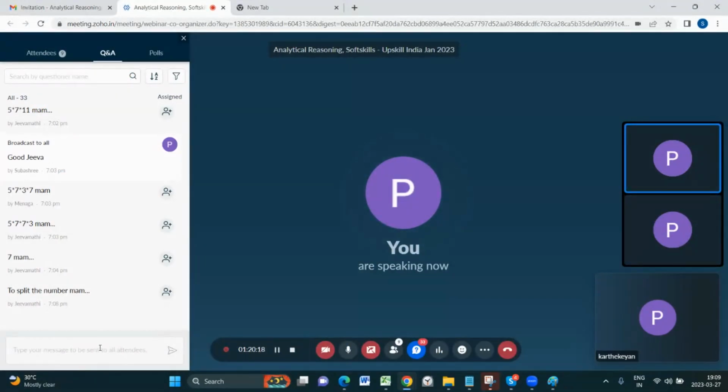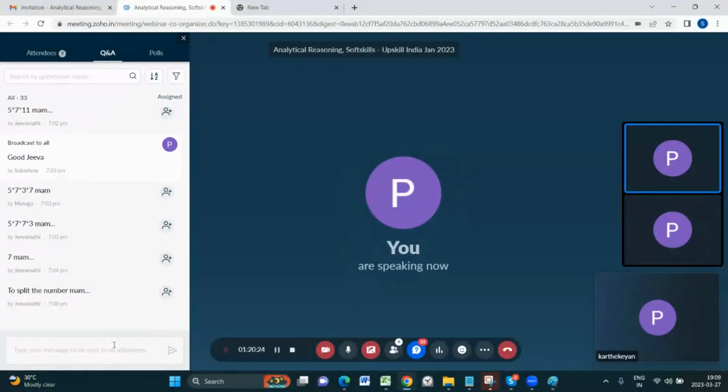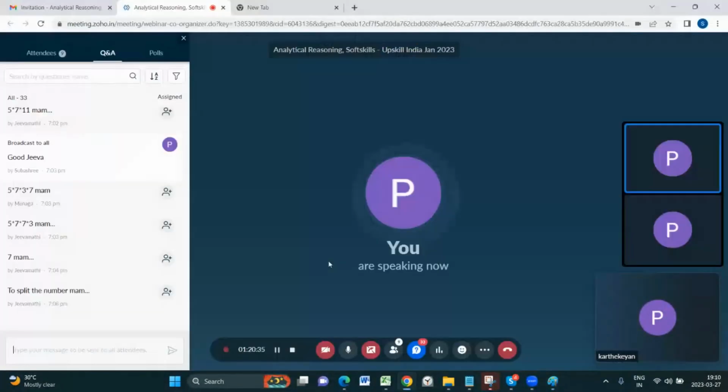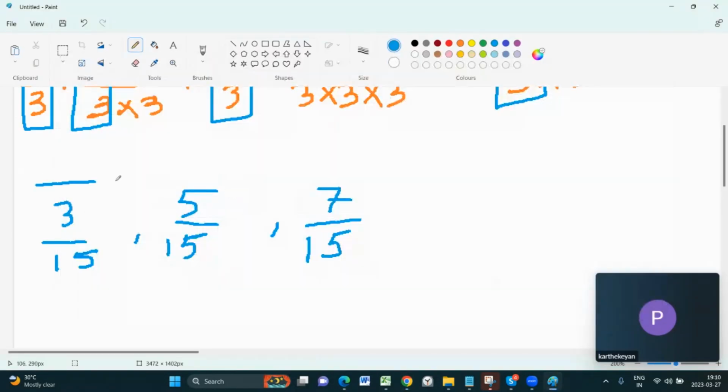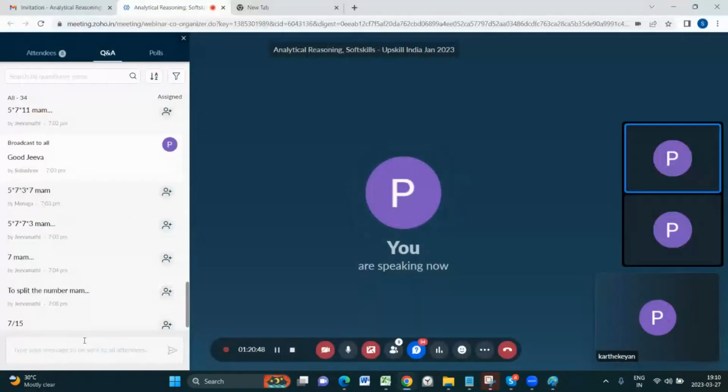Which is the highest number? 3 by 15, 5 by 15 and 7 by 15. Which number is the biggest? 7 by 15. Very good.